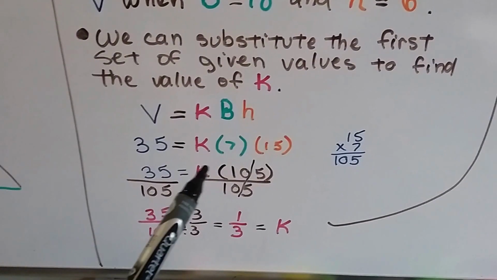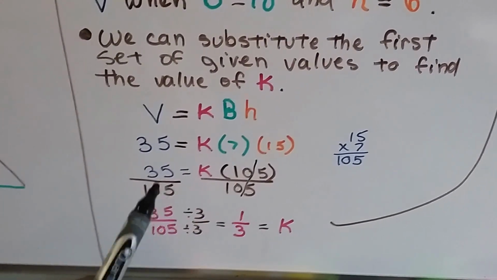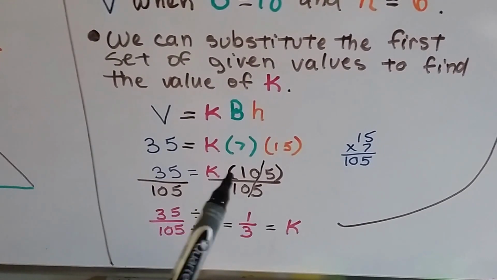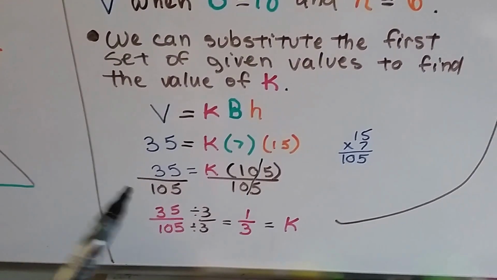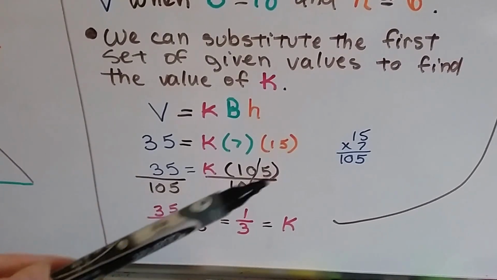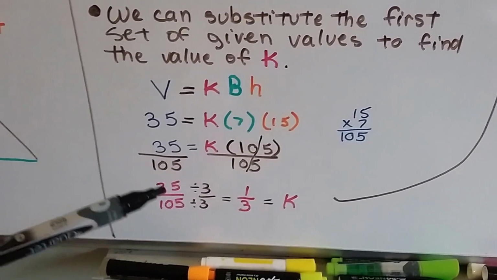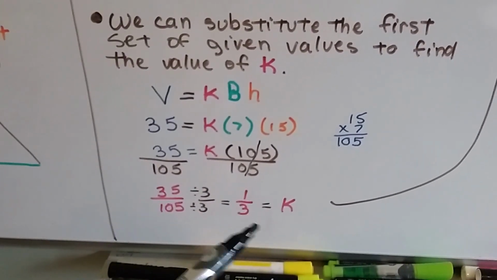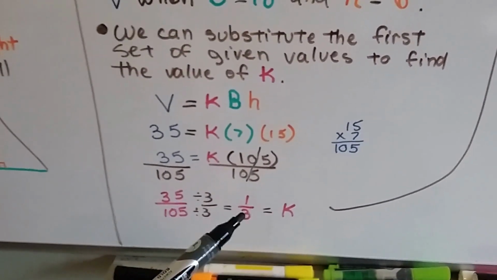We can isolate K on this side of the equal sign by dividing both sides by the 105, right? Because that's the inverse of multiplication. This is multiplication. And we get 35 over 105 equals K. K times 1 is K. We can divide both the numerator and the denominator by a 3 to simplify it down to 1/3. So now we know that the constant K is 1/3.